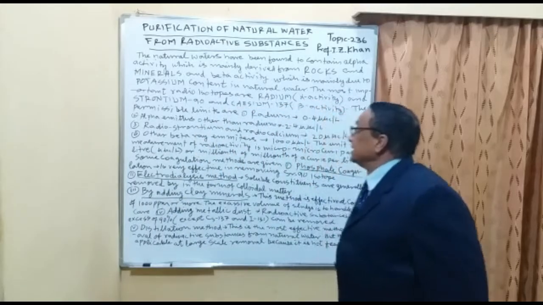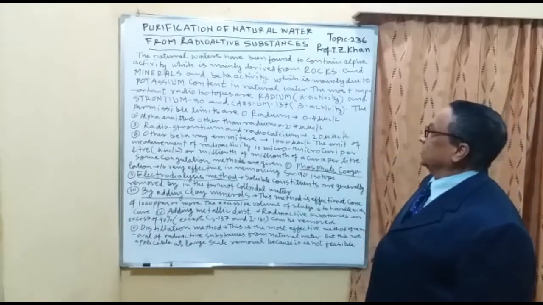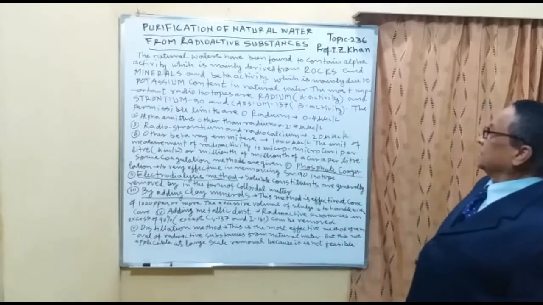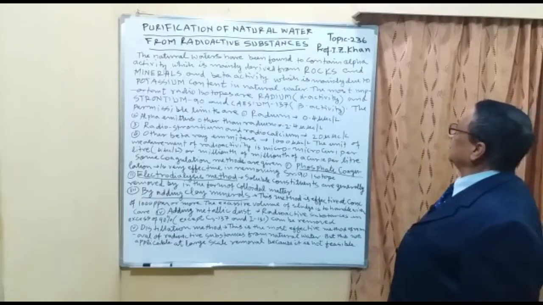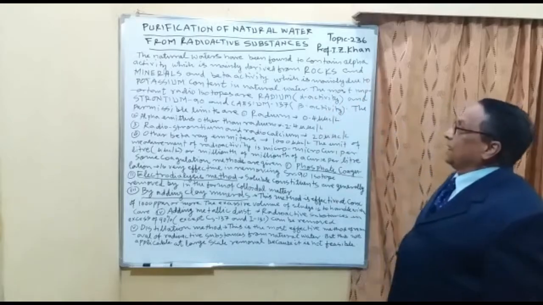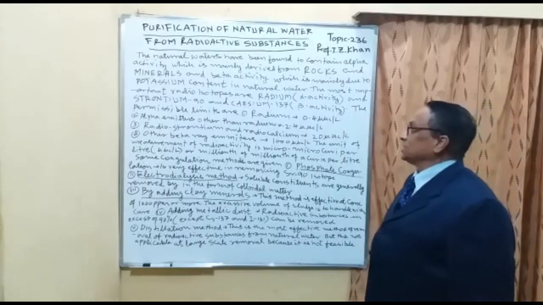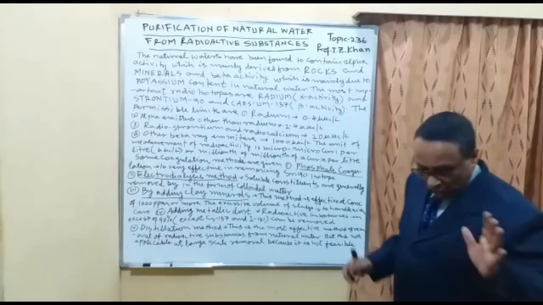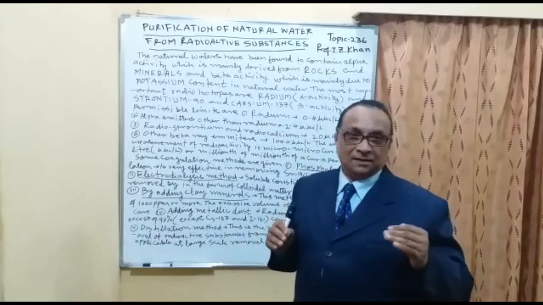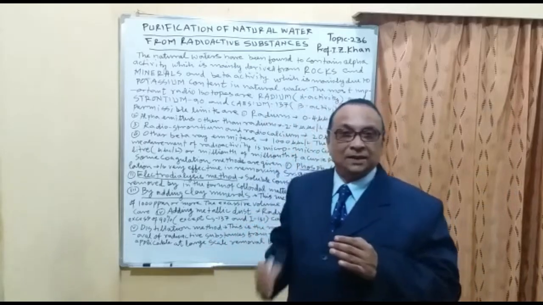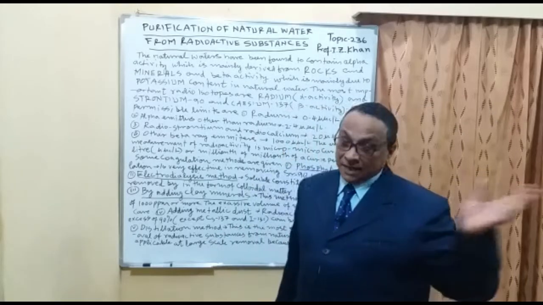Natural waters have been found to contain alpha activity, which is mainly derived from rocks and minerals. These are alpha particles. And the beta activity is mainly due to the potassium content in natural water. So there are two kinds of radioactivity, alpha activity and beta activity. Alpha activity is due to rocks and minerals, like uranium, plutonium, thorium, as I have already told you.